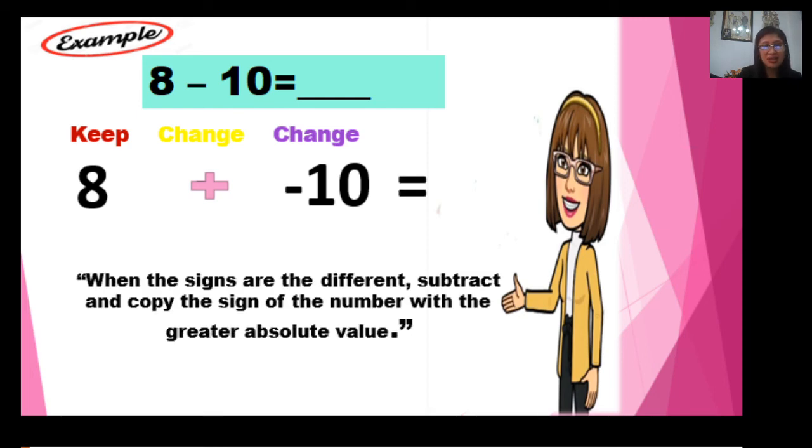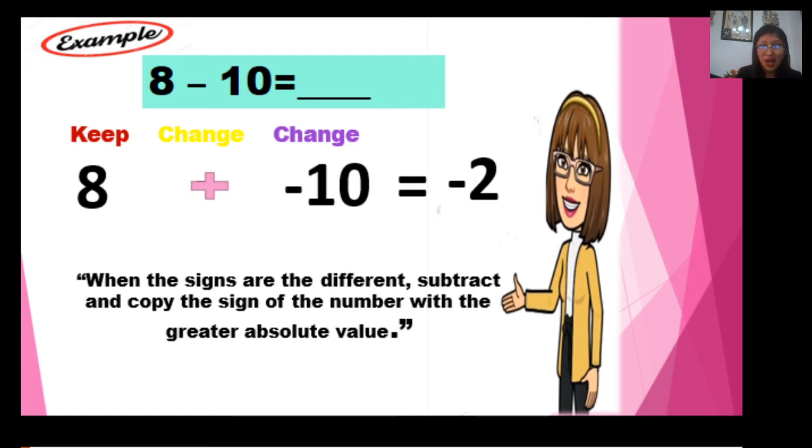Subtract. 10 minus 8. It's 8. No, it is 2. So 10 minus 8, the answer is 2. It's negative because 10 is the absolute value of negative 10. What's the sign of 10 there? It's negative. So our final answer is negative 2.